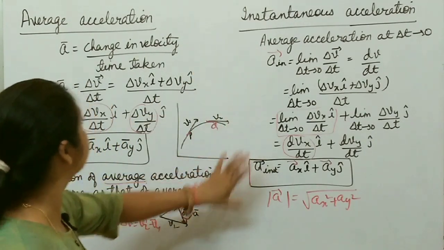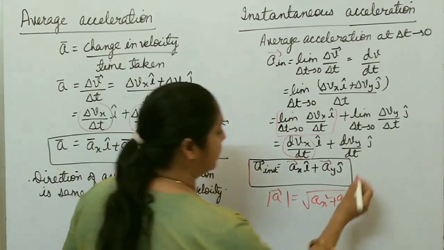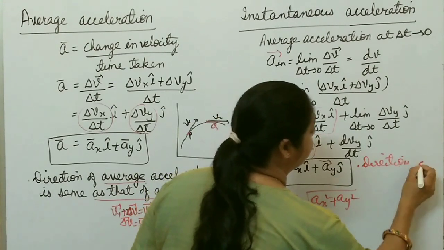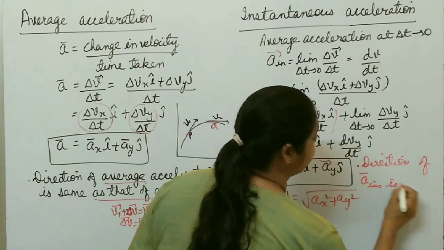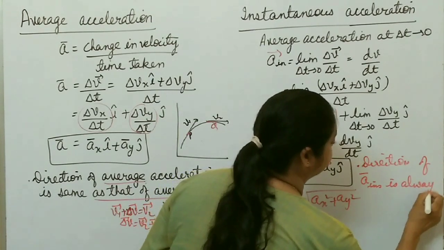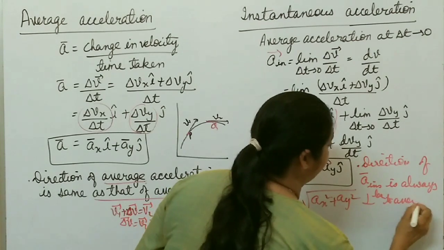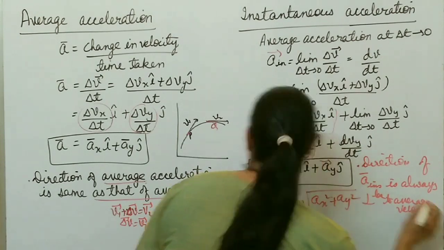And again, what is the direction of instantaneous acceleration? Actually, it is always perpendicular to average velocity, right? You note one point: direction of instantaneous acceleration is always perpendicular to average velocity. You note this point right now.